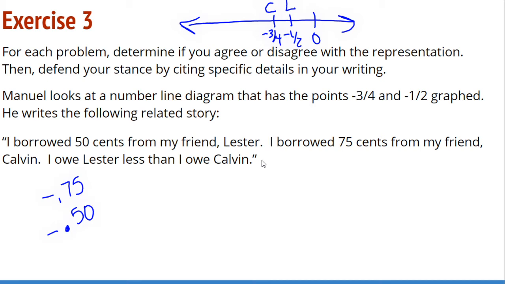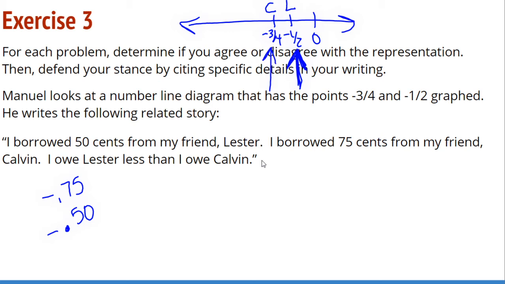And it's true that owing Lester 50 cents is less than owing Calvin 75 cents. That's true. That is absolutely true. However, when I look at it on the number line, this negative 1/2 is actually greater than the negative 3/4.